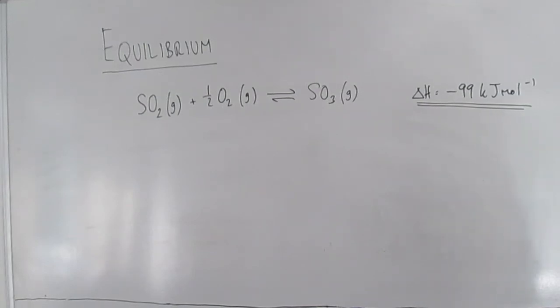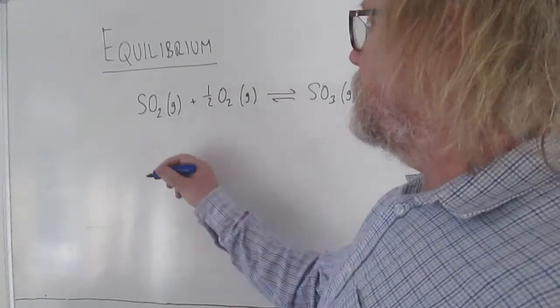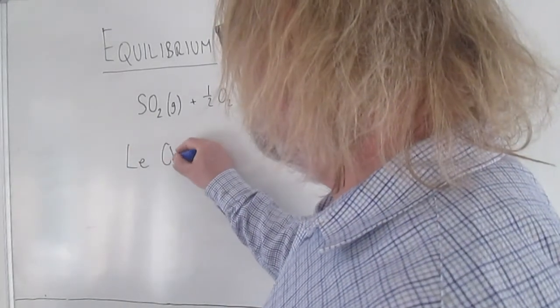But for the moment, we're going to use an approach which is in some ways more of a rule of thumb than a proper bit of science. In other words, it's just the product of someone's observation without really having any understanding behind it. But on the other hand, it is incredibly helpful because it always gets it right and is very easy to apply. And it's called Le Chatelier's principle.